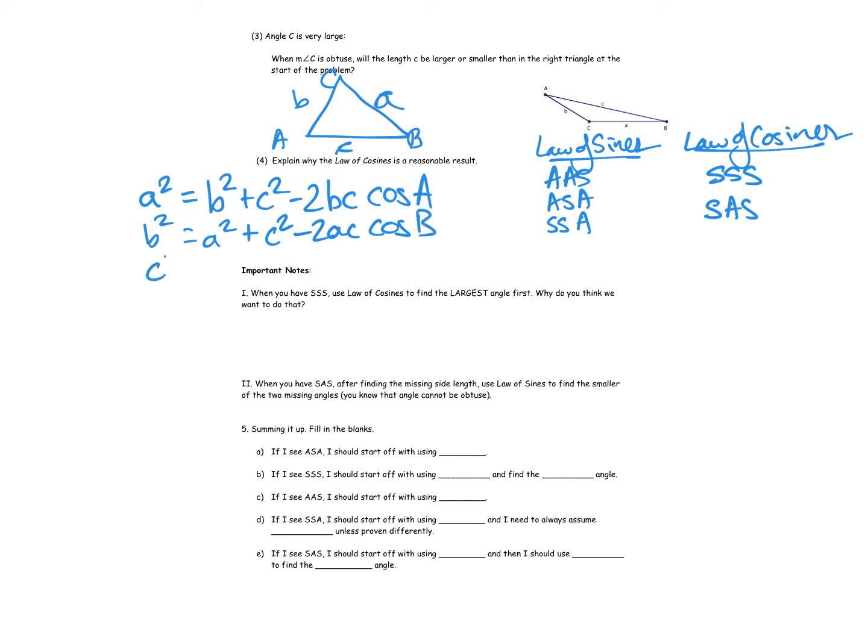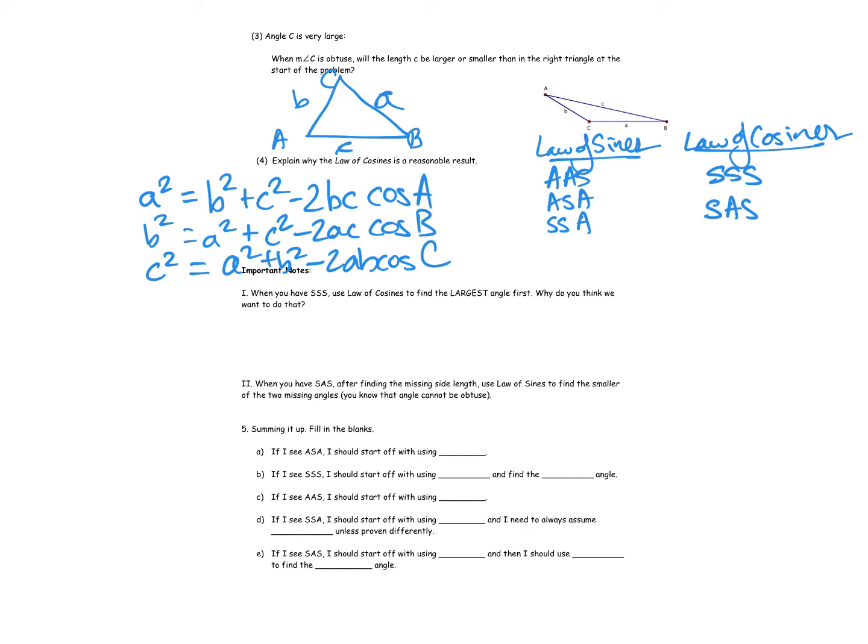The law of cosines is a squared equals b squared plus c squared minus 2bc cosine of A. Or we could say b squared equals a squared plus c squared minus 2ac cosine B, or I could say c squared equals a squared plus b squared minus 2ab cosine C. So just different versions of the law of cosines depending on what is missing.